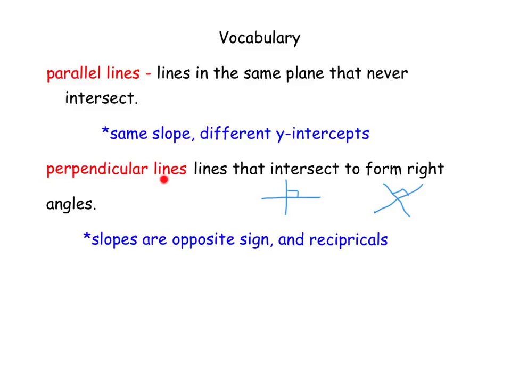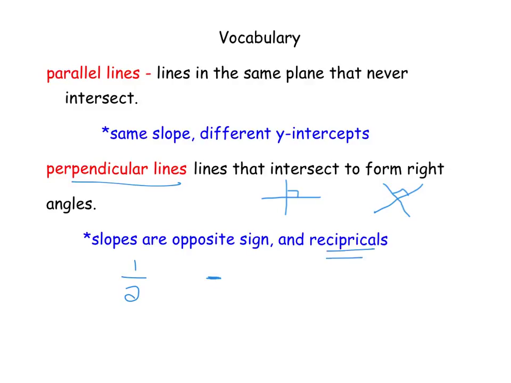Perpendicular lines, though, are just the opposite of that. The slopes are not only different, but they're different in a certain way. They're opposite signs and reciprocals. So what that means is, if the slopes are opposite, so let's say we have a slope of a positive 1/2. The opposite sign part you get. So if it's positive, the slope of the perpendicular line is going to be a negative.